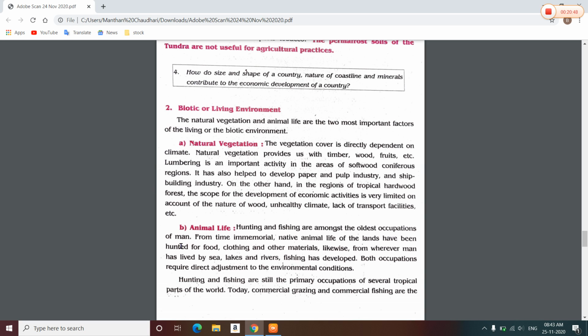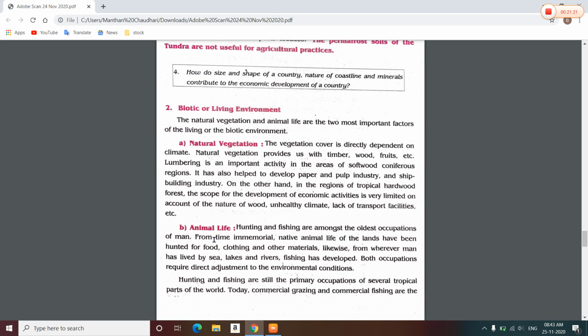Now the second biotic or living factor of the natural environment is animal life. Hunting and fishing are, of course, amongst the oldest occupations of man. From time immemorial, native animal life and plants have been hunted mainly for food, clothing, and other materials.